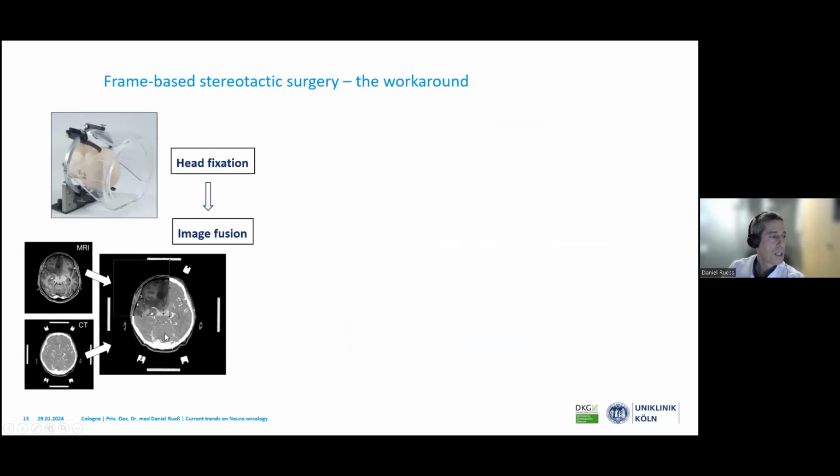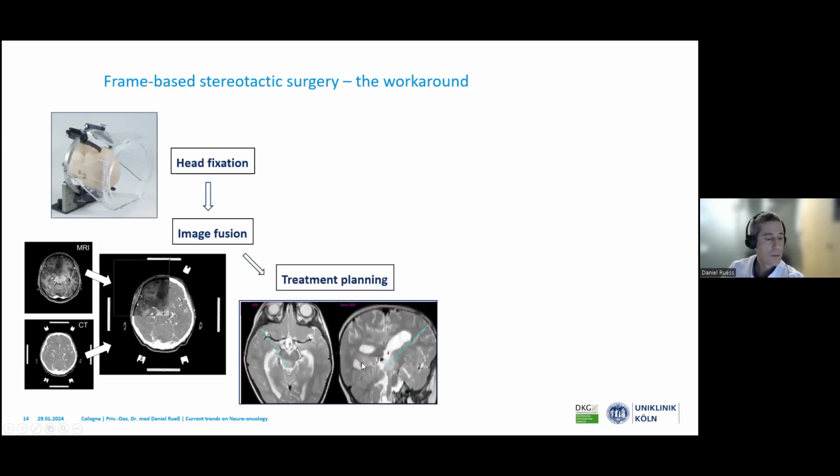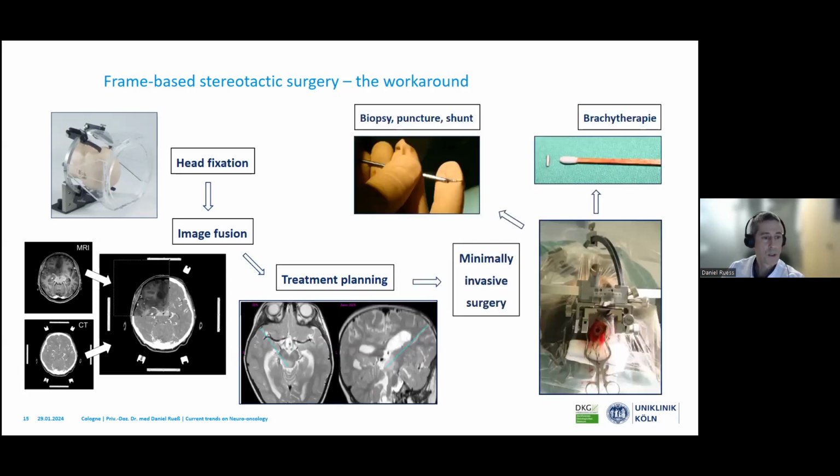And so we translate the image coordinates from the CT into the image coordinates from the MRI and vice versa. And then we can do a treatment planning and decide where's our region of interest. So in this example here in the mesencephalon, then we can plan a trajectory, and then it follows our keyhole surgery or minimally invasive surgery.